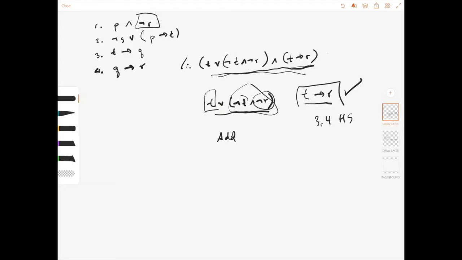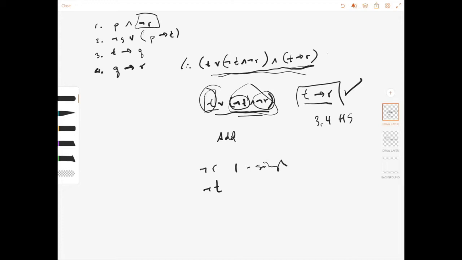Where, if anywhere, could we get the not T part? If we had not T, then we could build this side by the inference rule conjunction, and then just use disjunction to add T onto it. So that looks pretty promising as a line of investigation.